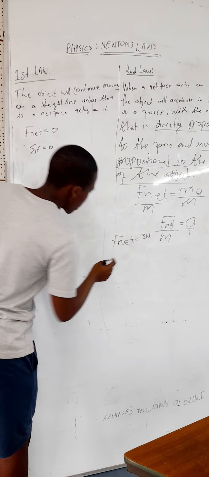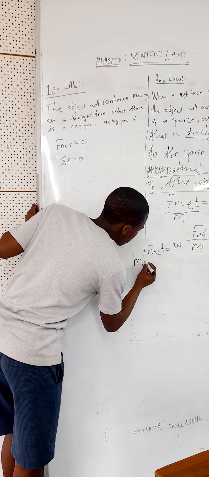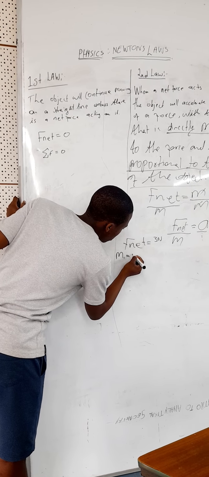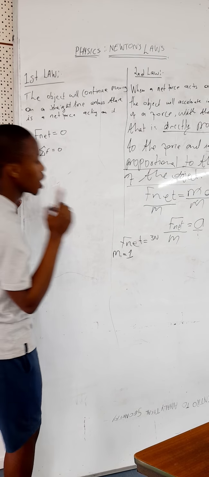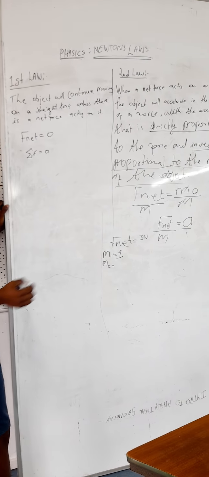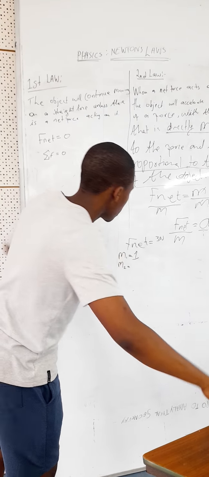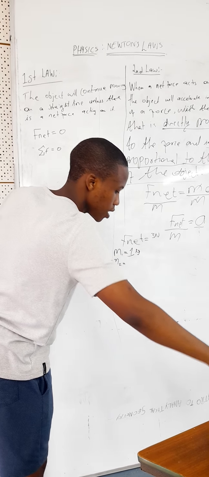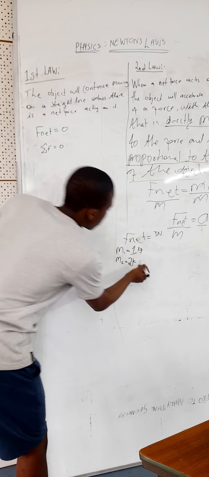Then let's say the mass of this, m1, is equal to 1 kg, and the mass of this, m2, is equal to 2 kg.